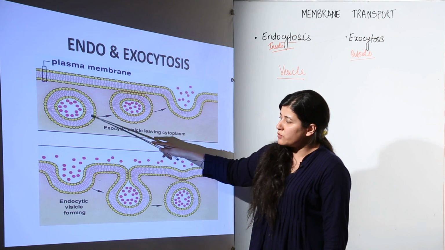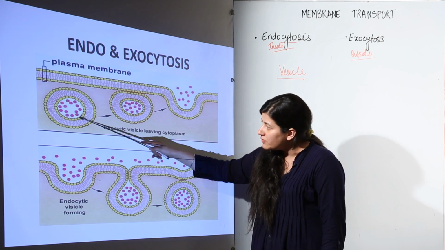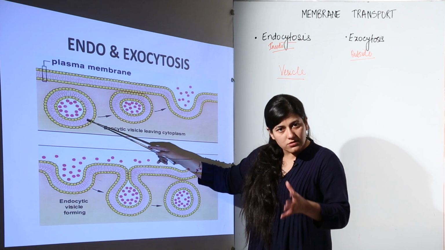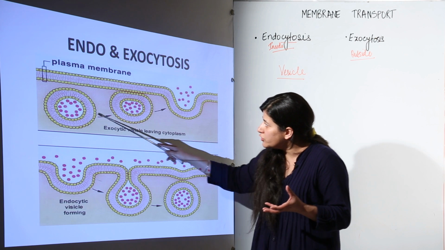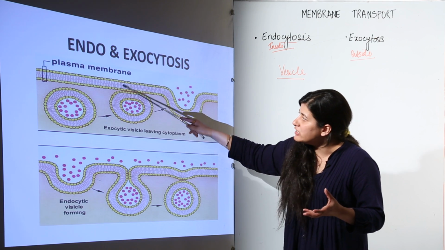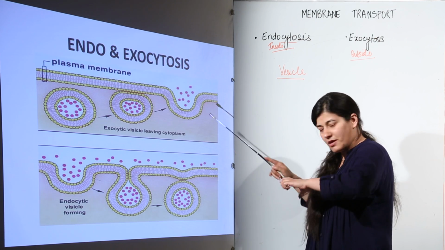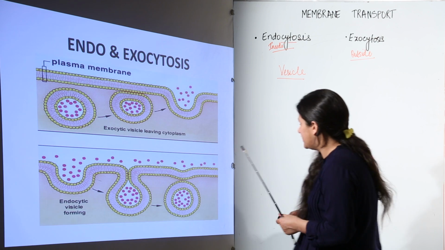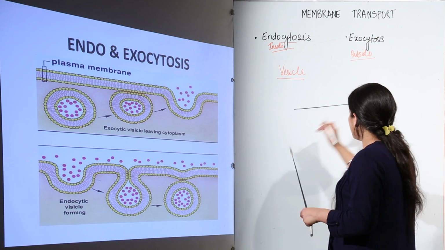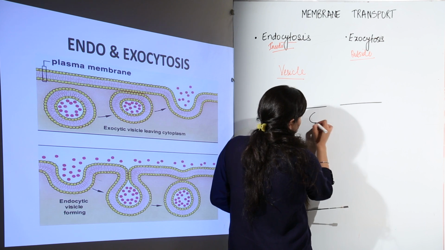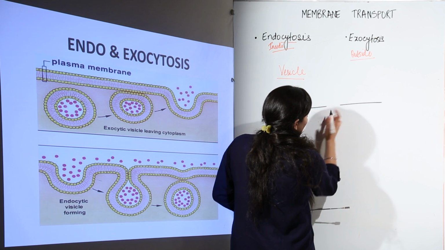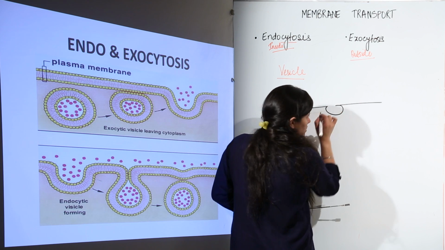Something inside the cell which is not required by the cell would be engulfed by the lysosome, or the vesicle formed by that lysosome. That vesicle would come and try to merge with the plasma membrane. Try and understand it this way: supposedly this is the plasma membrane, and this is the vesicle, which comes here and merges with it.